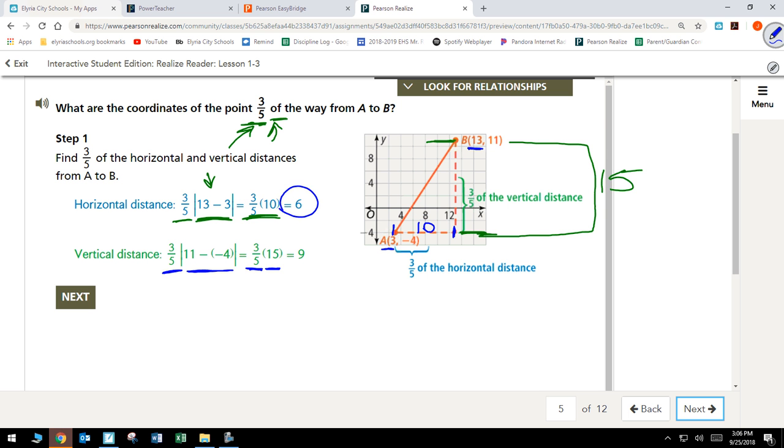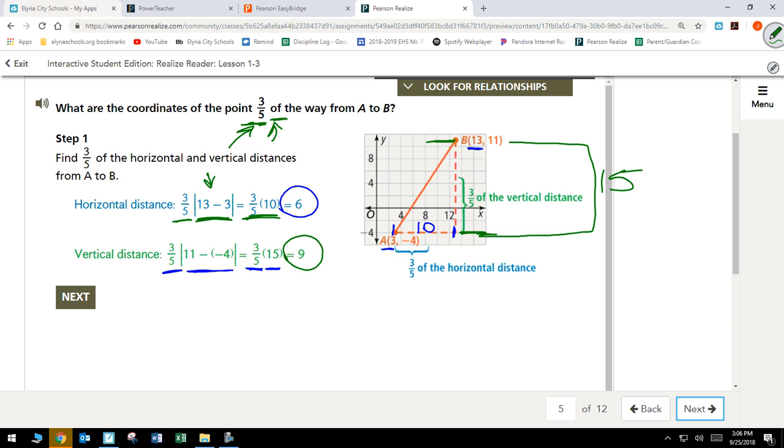if 6 is 3/5 of 10, and 9 is 3/5 of 15, if I want to know what 3/5 of the way from A to B is, from where I started at A, I need to move horizontally 6 units and vertically 9 units.